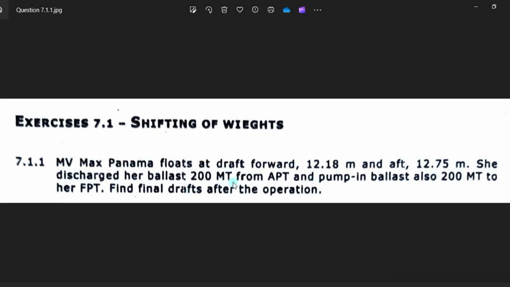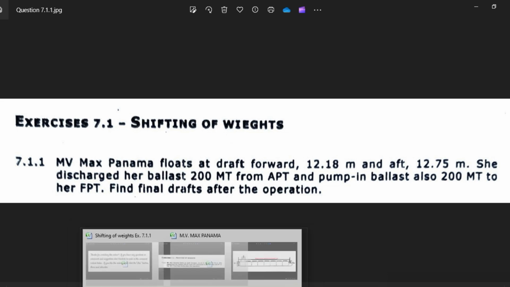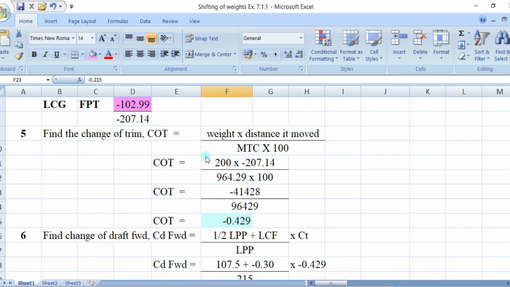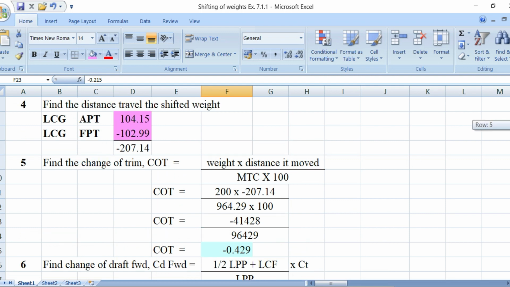That is going to be shifted. So the weight is 200 multiplied by the distance from Afterpeak tank to Forepeak tank, 207.14.